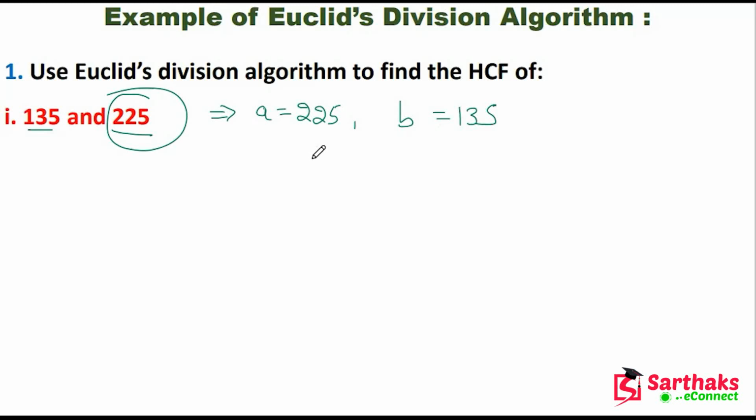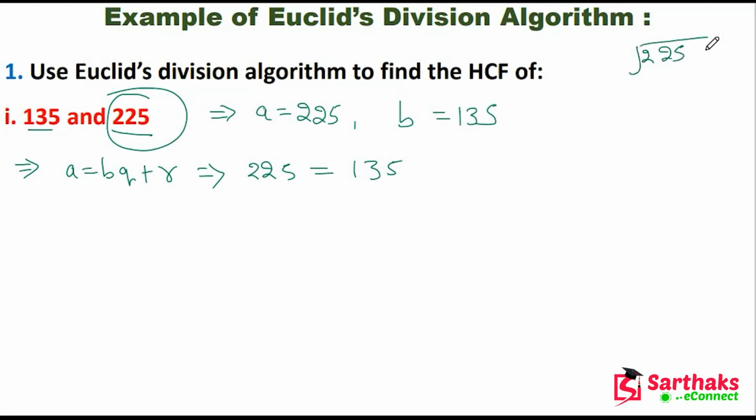Therefore, by Euclid's division algorithm, a equals bq plus r. Here a is 225 and b is 135. Now let's divide 225 by 135.